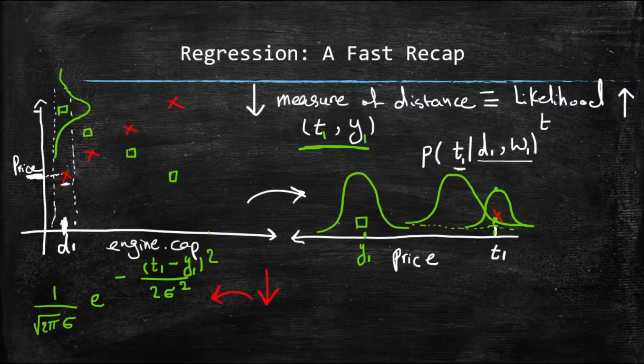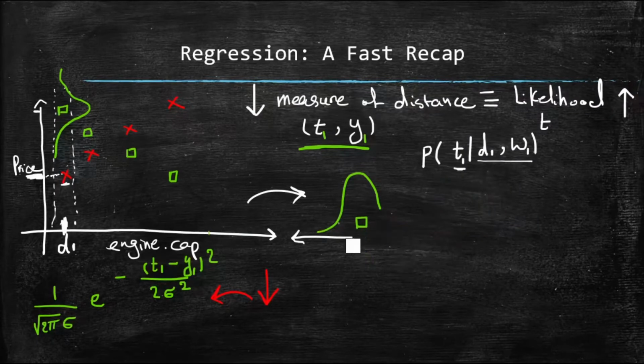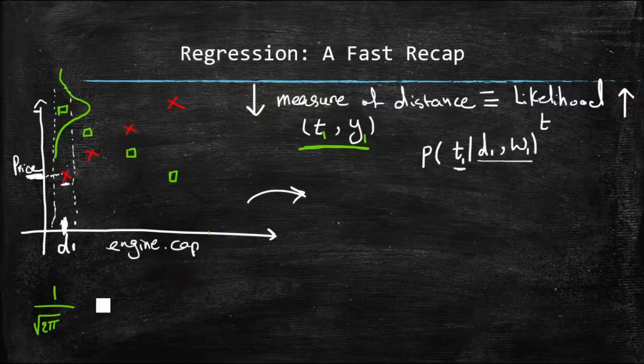So as you can see, I can use the Gaussian to explain the difference between my ground truth and my prediction, right? Let's erase this whole thing. So that is the whole idea behind regression and what the goal is in regression.